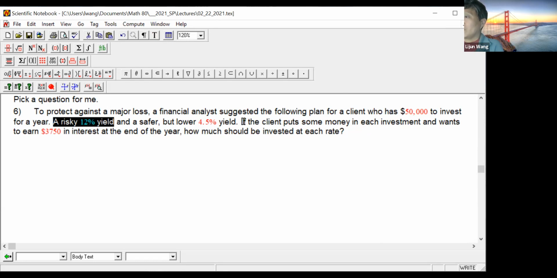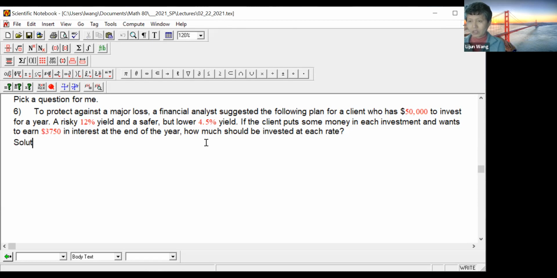So these are different wordings. If the client puts some money in each investment and wants to earn $3,750 in interest at the end of the year, how much should be invested in each? So you have two accounts. One is 12%, which is risky, and the other one is 4.5%.